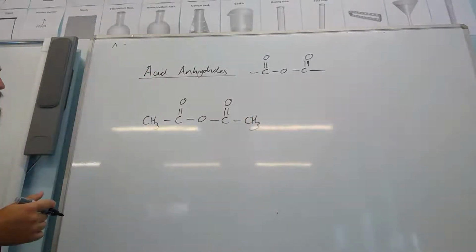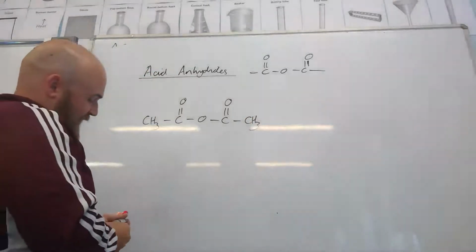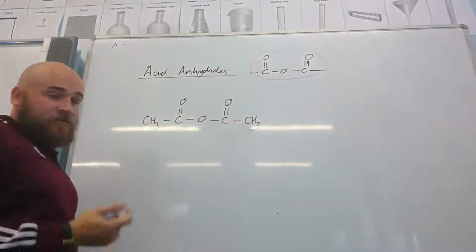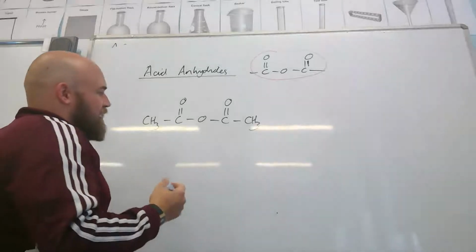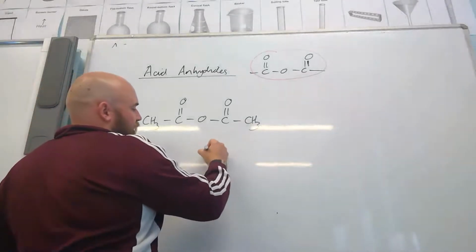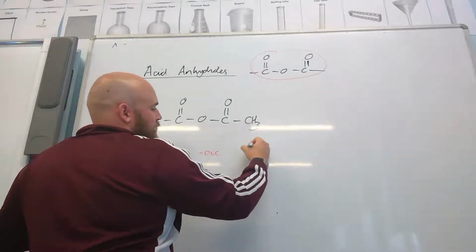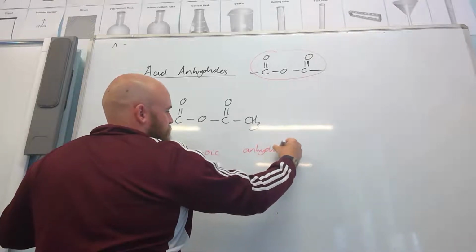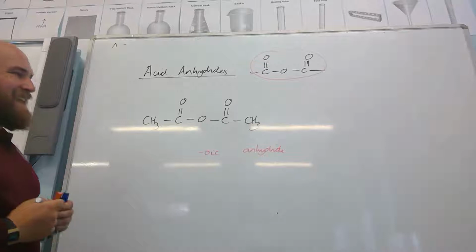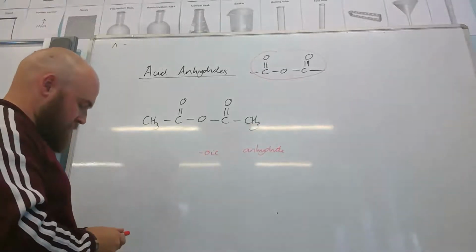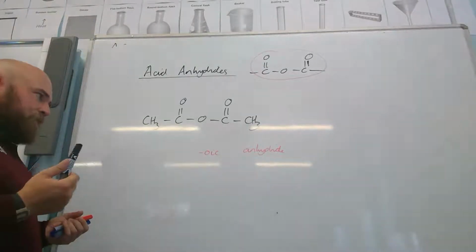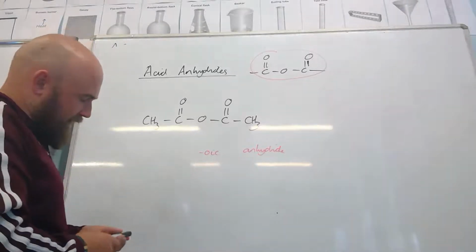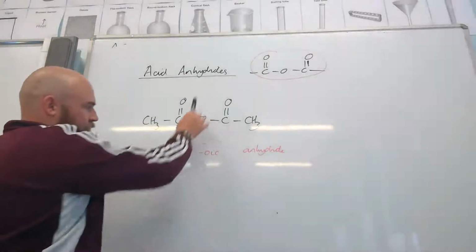Here's an example. Does it contain that group? Yes, it does. So it is an anhydride. How do we name anhydrides? Well, the suffix is oic anhydride. AQA actually go a little bit easy on you here because they only ask you to do symmetrical anhydrides.